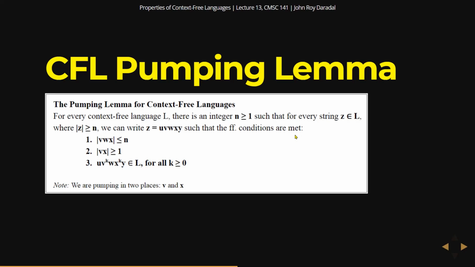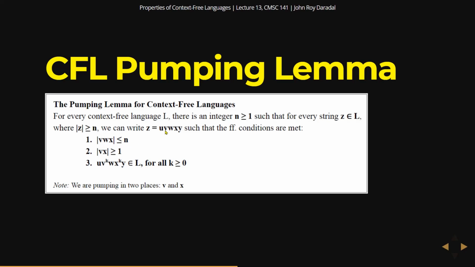So previously in the pumping lemma for regular languages, we only divided it into 3, right? x, y, and z. This time, we'll divide it into 5. So u, v, w, x, y. Now, what are the conditions? The length of vwx should be less than or equal to n.